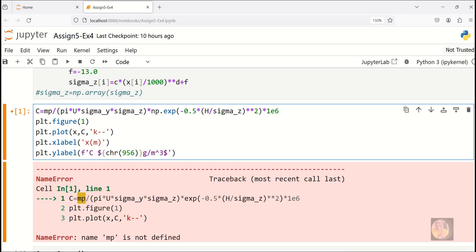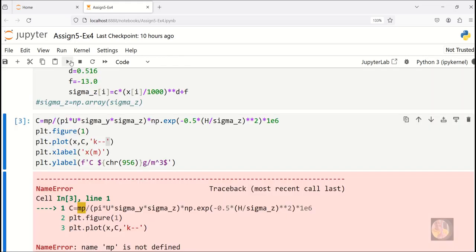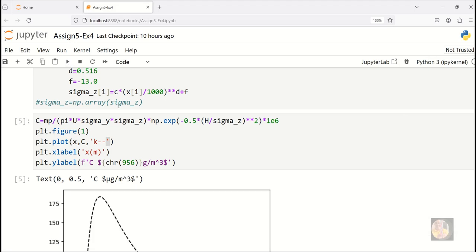So to be understood by Python, you should use it as an NP array. If you are using an NP array, you are on the safe side. We need to try to run it again. So I calculated sigma y, sigma z.